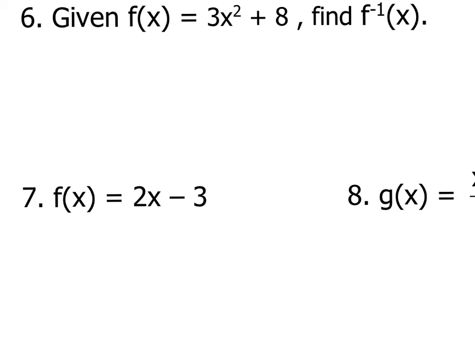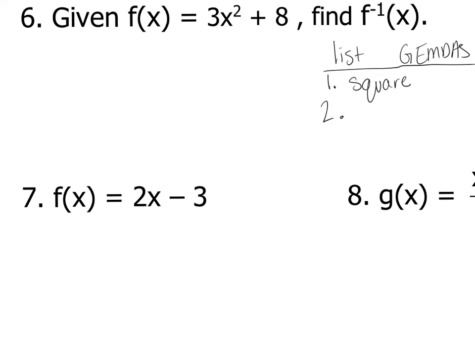For the next one, my list, according to GEMDAS, there are no groups. There is an exponent, so we did square that x first. There's also multiplication. We multiplied by 3. Next, there is no division but there is addition.